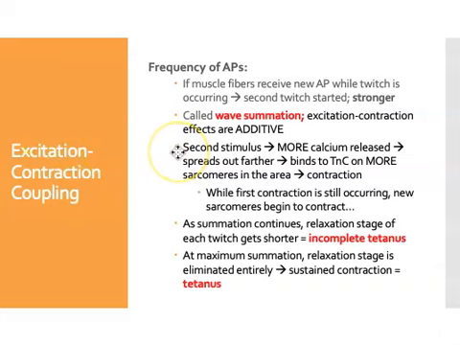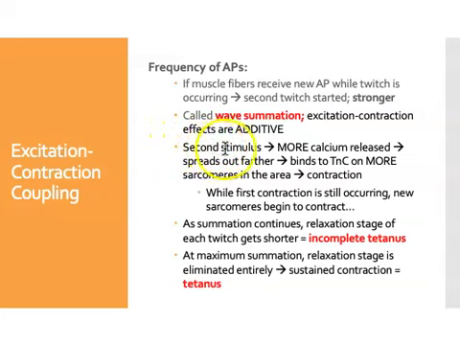That first twitch, as we said a moment ago, is going to cause contraction to occur. You're going to have acetylcholine released, sodium channels open, and a depolarization. It's going to travel down the T tubules. It's going to release calcium from the terminal cisternae, and so on until you get a contraction.